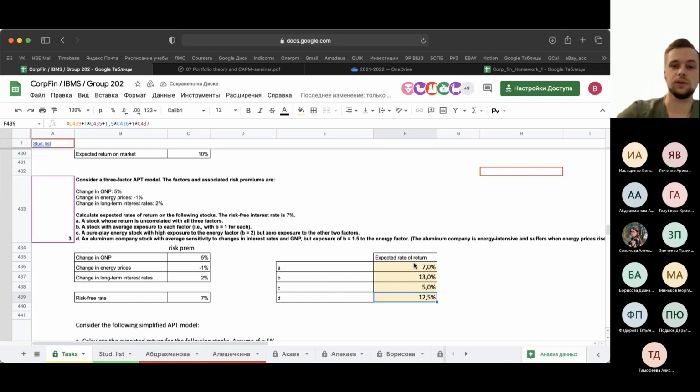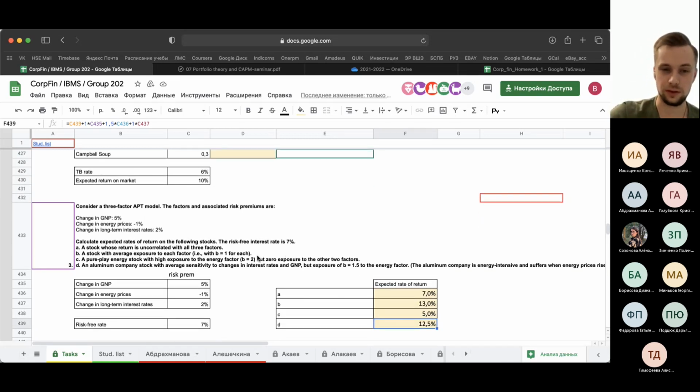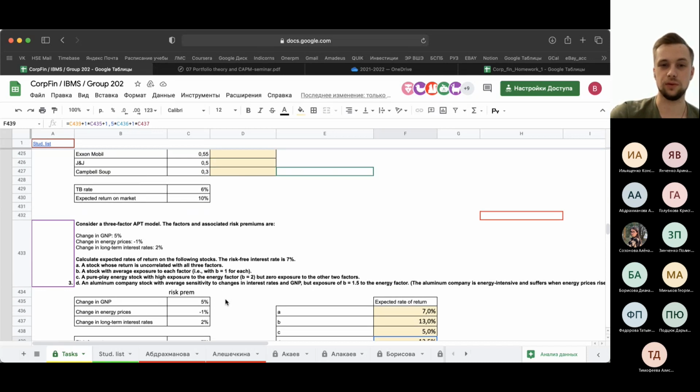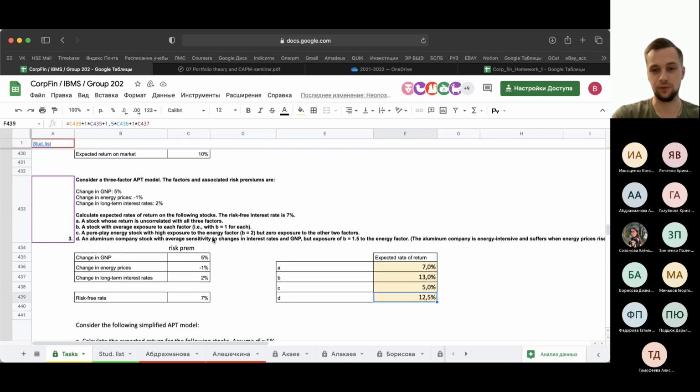Okay, so actually this model is a broader version of the CAPM model. In other words, the CAPM model is just one example of this arbitrage pricing theory model. You should understand that we are not only using CAPM in real life.